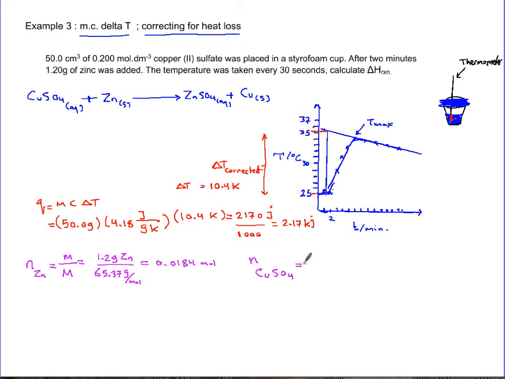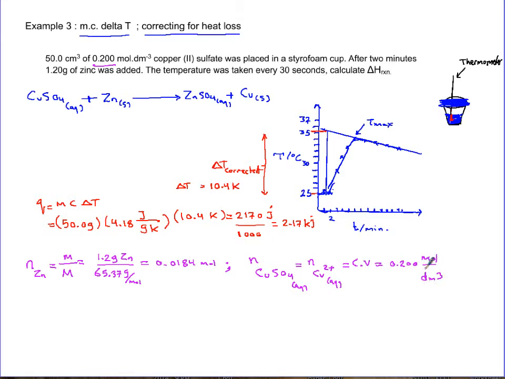Now let's do moles of Cu, copper sulfate. Many times it's also written as just Cu2+. The two are exactly identical. It's an aqueous solution, so I need concentration times volume. Concentration is 0.2 mole per decimeter cubed.